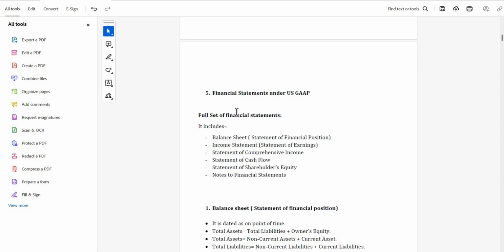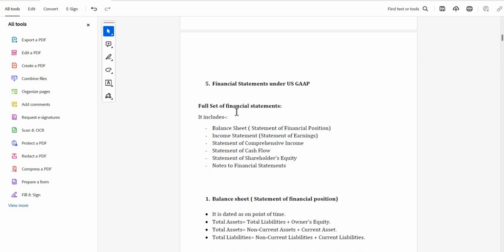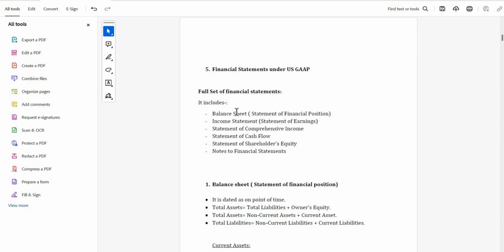Then we have financial statements under US GAAP. Full set of financial statements. It includes, we can have a question asking what we have in a financial statement, or to prepare a full set of financial statements.